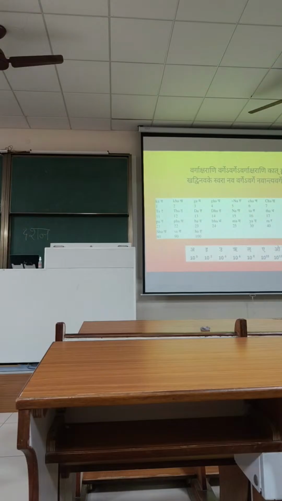So 21 and 40 whole multiplied by 10 power 0 because only a is there. And bha is 24, into 10 power 4. So 2, 4, 061, something like this.